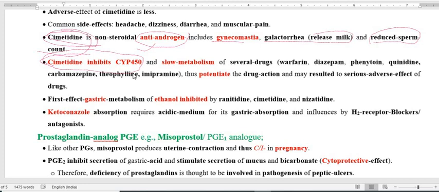Therefore, if we use cimetidine along with other drugs that are metabolized by cytochrome P450, like warfarin, diazepam, phenytoin, quinidine, carbamazepine, theophylline, imipramine, their metabolism gets slowed down and their potency increases, because of the inhibition of the metabolizing enzyme cytochrome P450.